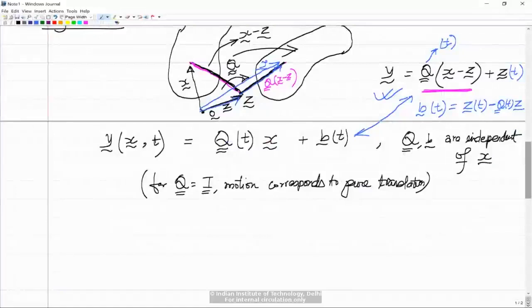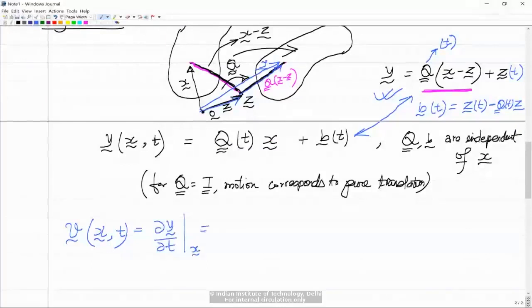So velocity, as of now, if I write velocity v, so of course it's a Lagrangian form, then it is simply del y by del t, right? Keeping x fixed.